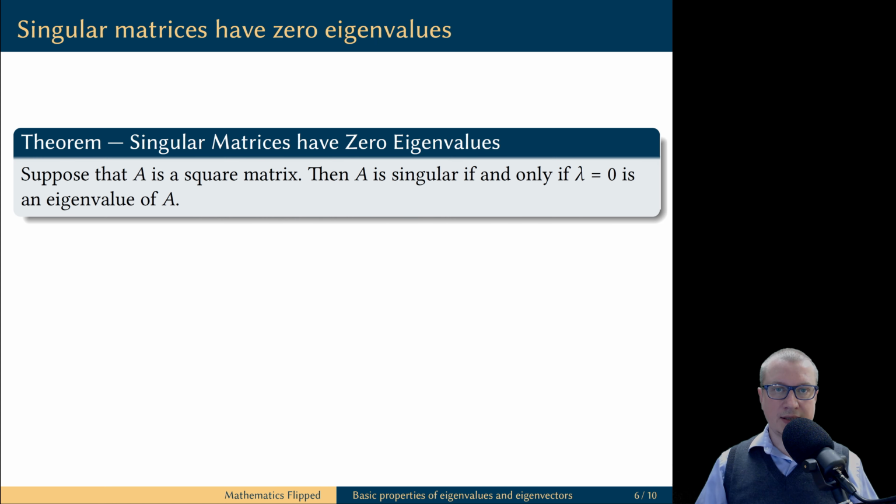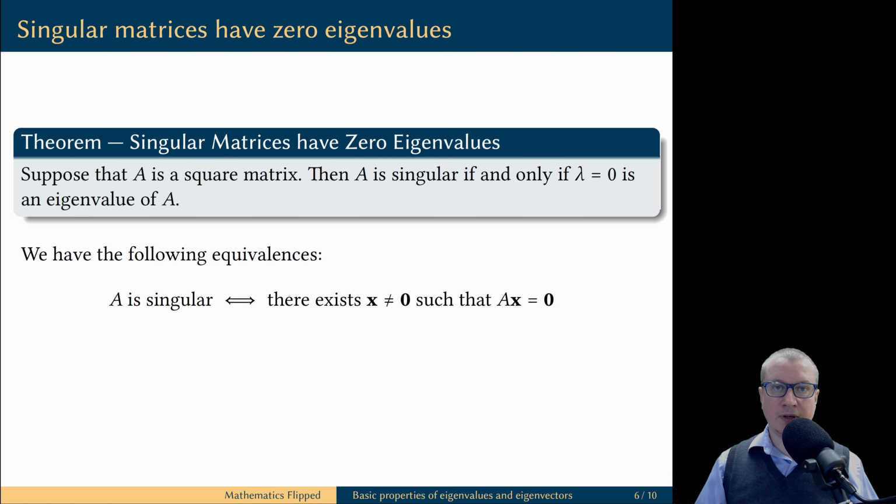independent. Next, let's prove that a square matrix is singular if and only if 0 is one of its eigenvalues. We can prove this if and only if statement using a chain of equivalences. First, we use the definition of a singular matrix. Then we write the 0 vector as a scalar multiple of the vector x by the 0 scalar.